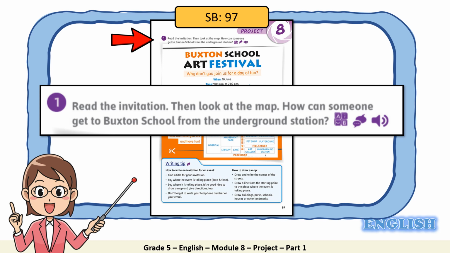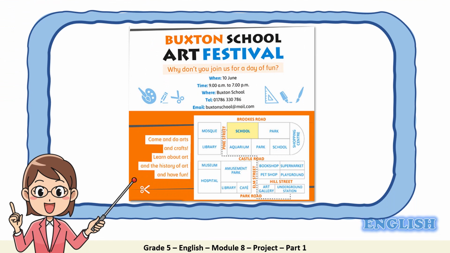Module 8. Project 1. Read the invitation. Then look at the map. How can someone get to Buxton School from the underground station? Buxton School Art Festival. Why don't you join us for a day of fun? When? The 10th of June.